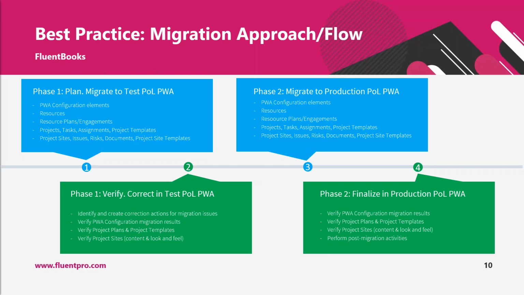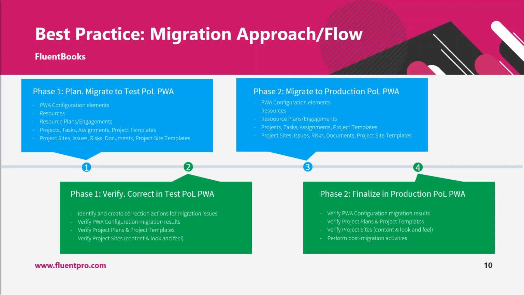And we do recommend engaging people of different roles and people that have a different access level to the PWA, like administrators, project managers, team members, to ensure that you do validation from different aspects.